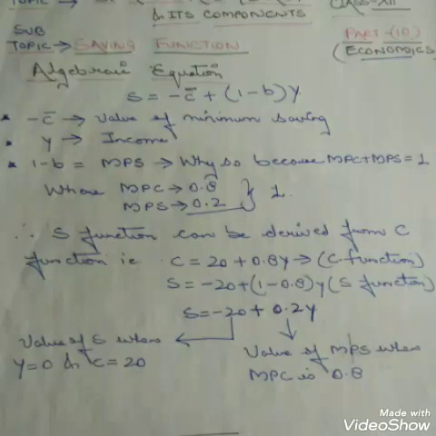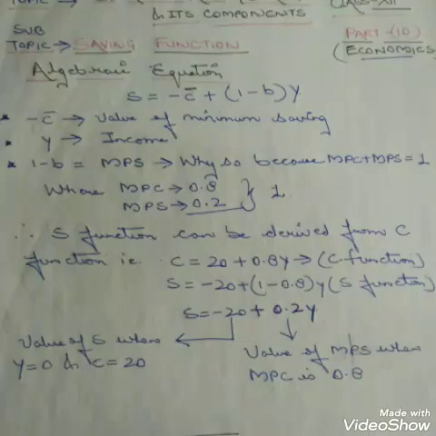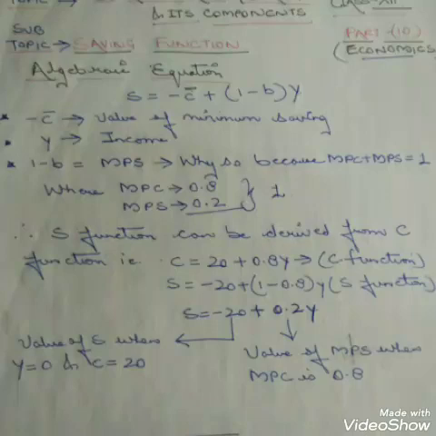So in the algebraic equation, to get MPS, you have to do what? 1 minus B. B over here is what? MPC. Therefore, the S function can be derived from the C function. That is, as you can see on your screen, C equals our minimum consumption, which was 20, plus our MPC, which was 0.8.